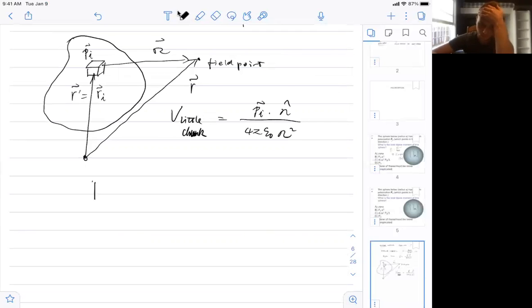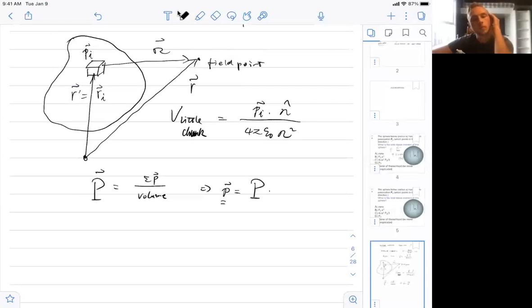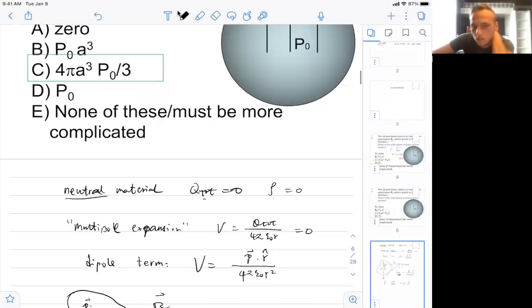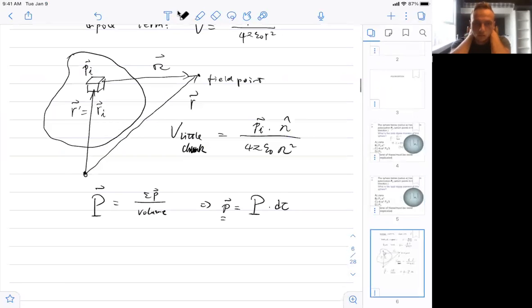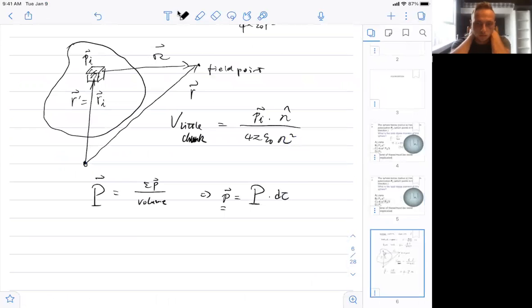Polarization P, capital P, is the sum of little p's, the total p over volume. So the total dipole moment is polarization times the entire volume. But if I'm looking at a little chunk, it is polarization times a small volume d tau.